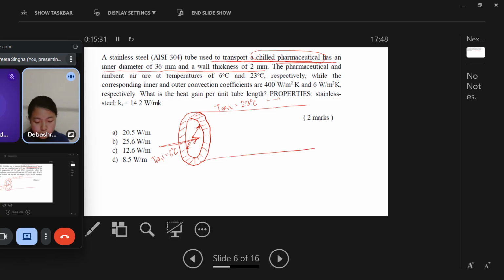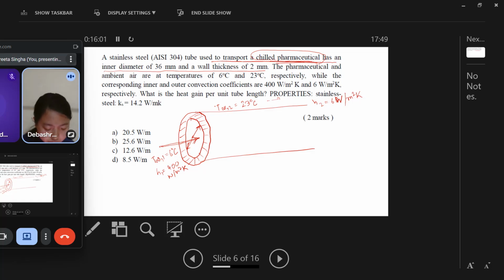Respectively, while the corresponding inner and outer convection coefficients are 400 watt per meter square Kelvin. So inner convection H1 is equal to 400 watt per meter square Kelvin, and the outside H2 is 6 watt per meter square Kelvin.